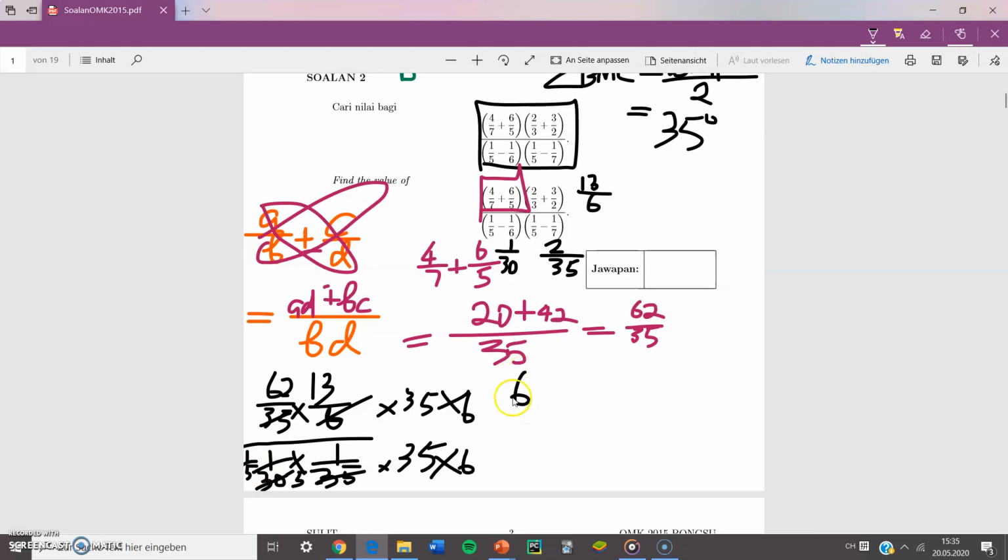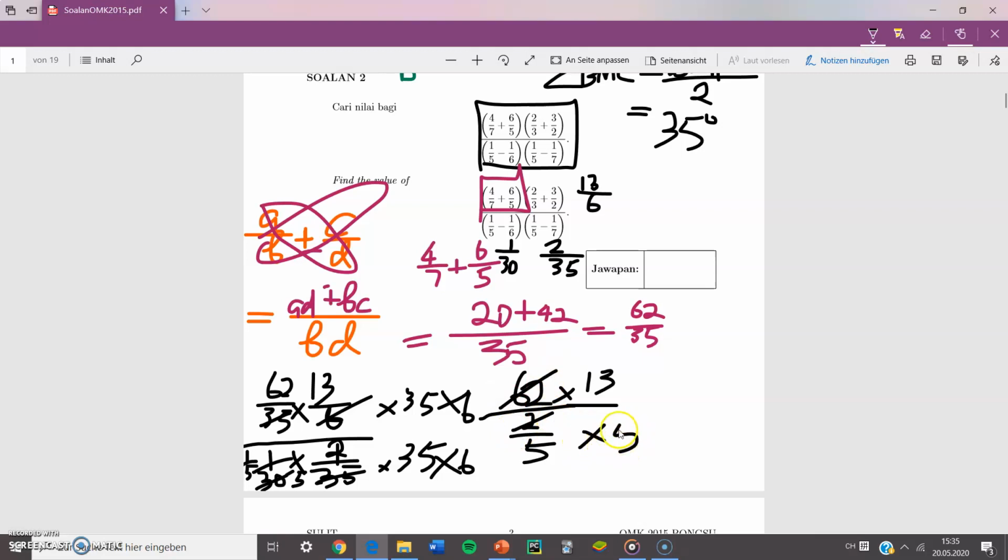So it's 62 times 13 times, wait, okay. So it's 2 times 1 over 5, which is 2 over 5. I think you can do a little bit of calculation yourself.